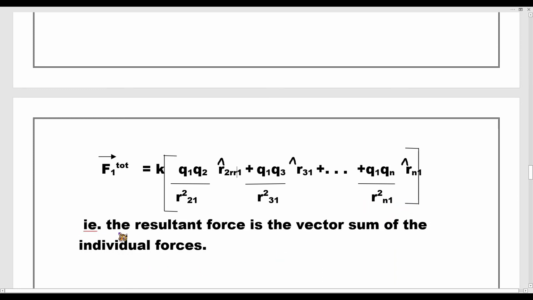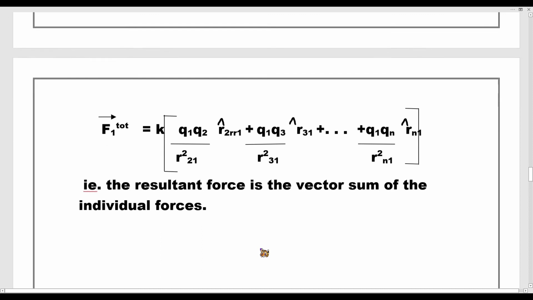That is, the resultant is the vector sum of the individual forces. The resultant force which we get is the vector sum of the individual forces. Here, throughout the expressions, we have to put the vector sign and the unit vector sign wherever it is needed.